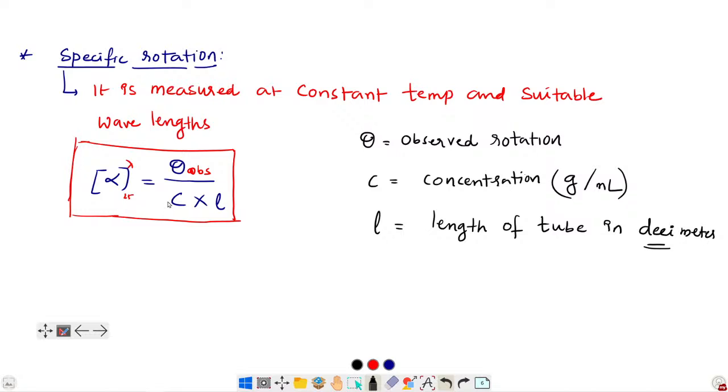Right? This is the specific rotation. Based on this, questions may be asked in mains or advanced level, but at EAMCET level we don't expect any questions from this.